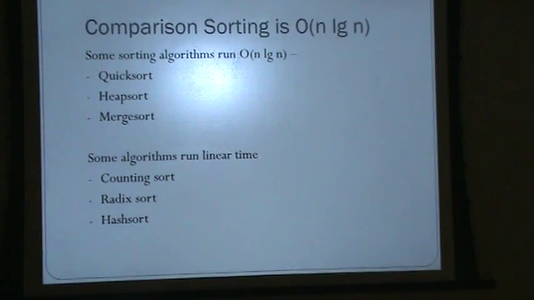We'll revisit this towards the end of the class when we talk about complexity classes, but right now, if you have no information about what you're sorting, out of all the algorithms in the world, the best one is going to run in n log n. Even though tonight we talked about some linear time ones, we had some information about the numbers, like they're only between 1 and 1,000, or there's only so many numbers, so we were able to come up with a better algorithm.